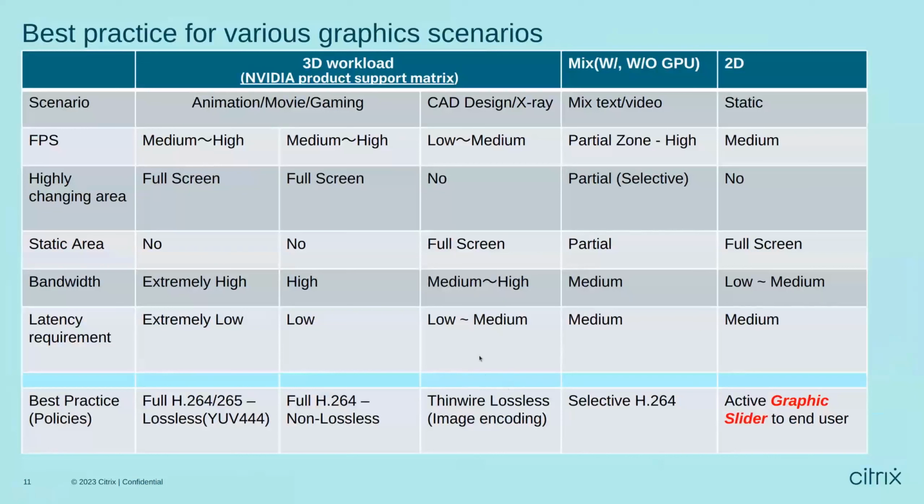And if you have a mix of video and image and text, then it may be interesting to use selective H.264. The program will check which part is the highly changing area, then we use the video codec for the selective area, and for the image and text, we use simple lossless encoding to keep it sharp.